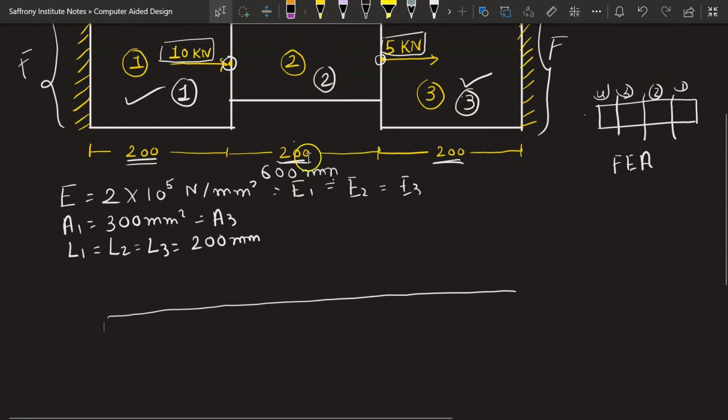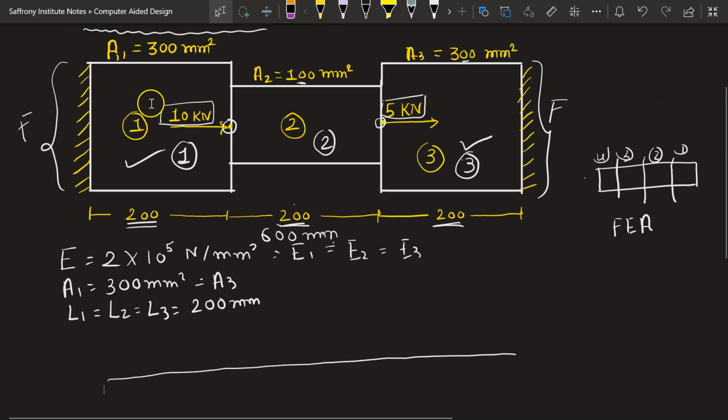Now let's find out how many nodes there are. The general theory is that if the number of elements is n, the number of nodes will be n plus 1. Here we have three elements, 1, 2 and 3, so it will be 3 plus 1, which is 4.